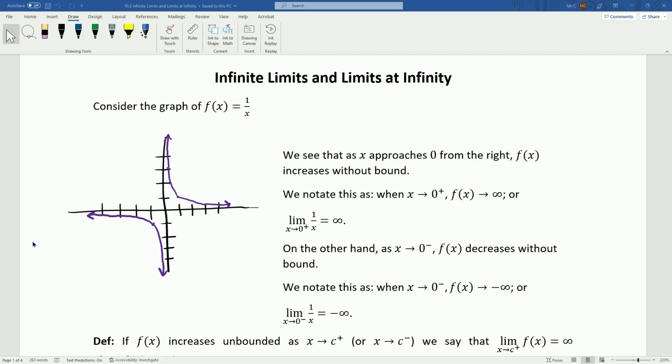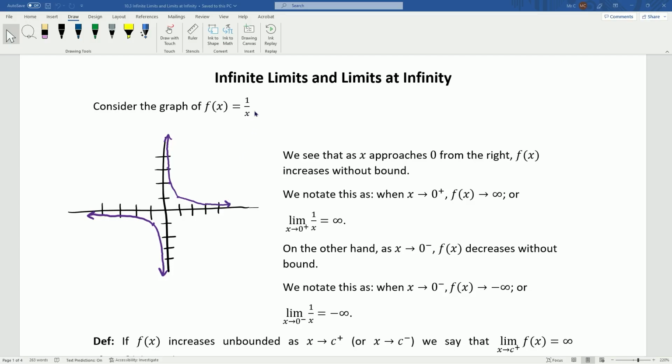So in this case, we're going to start with what we call limits to infinity, or infinite limits. So consider the graph of this function, f of x equals 1 over x. So for example, we know that when I plug in 1, I get 1. When I plug in 2, I get 1/2, 3, I get 1/3, and so forth.